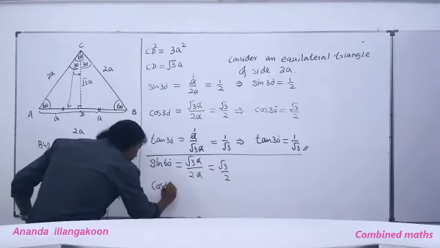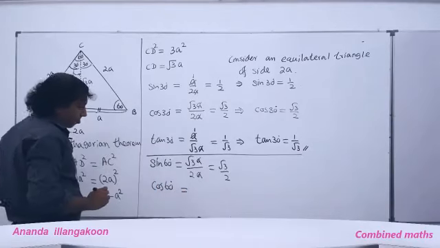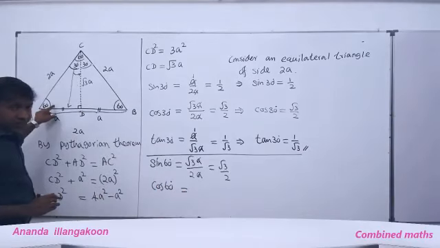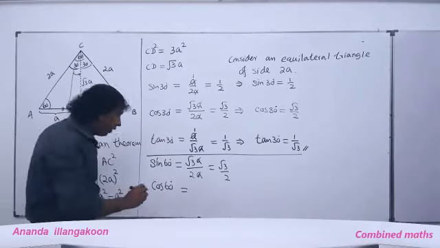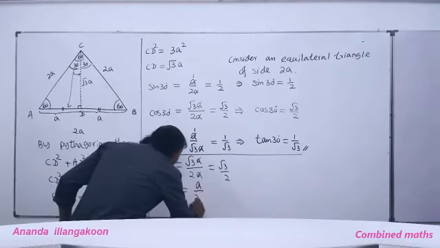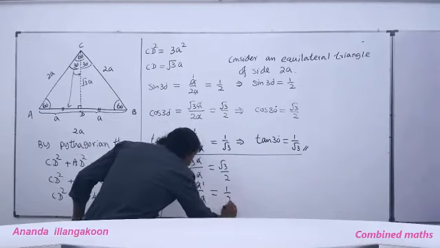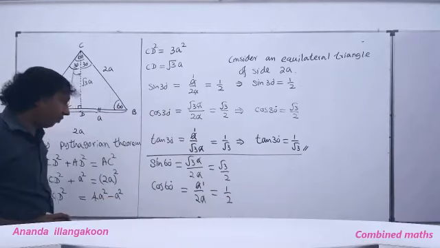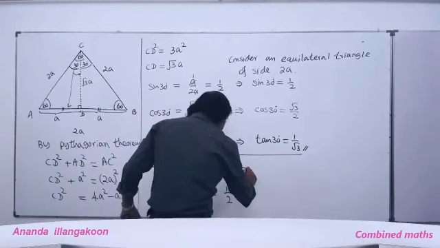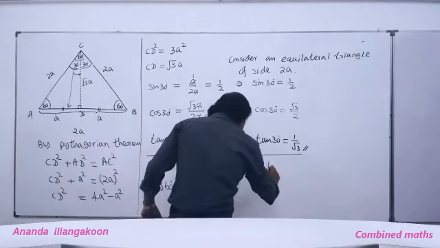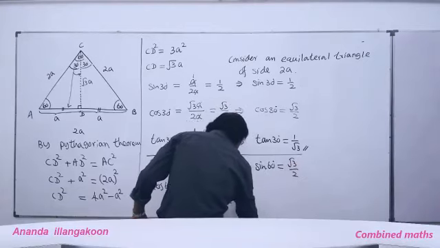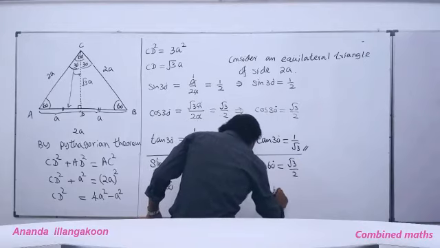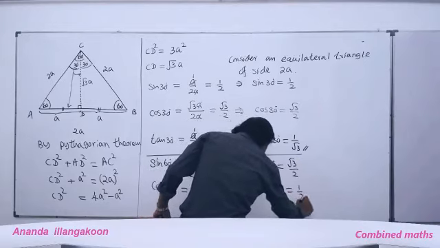Cos 60. Angle 60 is this. Adjacent side is A. Hypotenuse is 2A. A divided by 2A. This and this we can cancel down. Here we have 1 over 2. Cos 60 is half. Right, so therefore, sine 60 is root 3 by 2. Cos 60 is half.